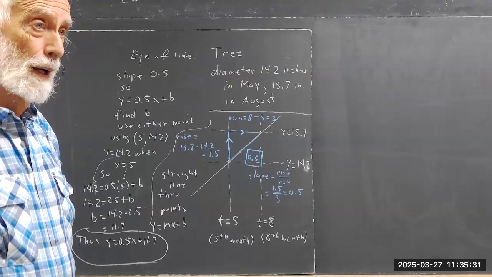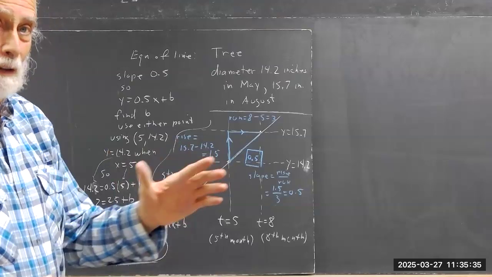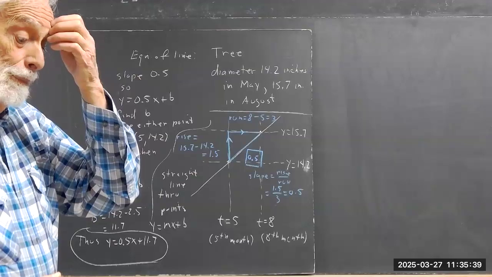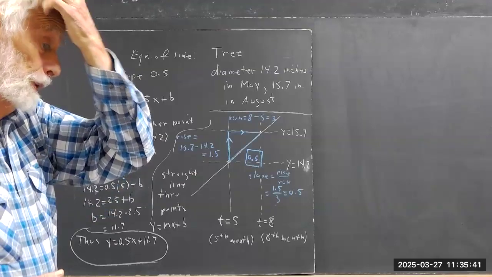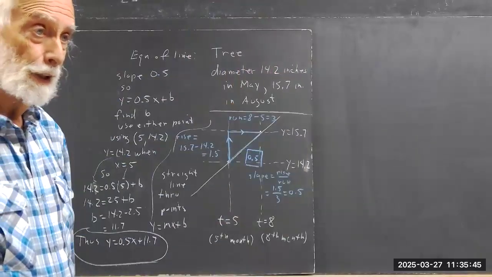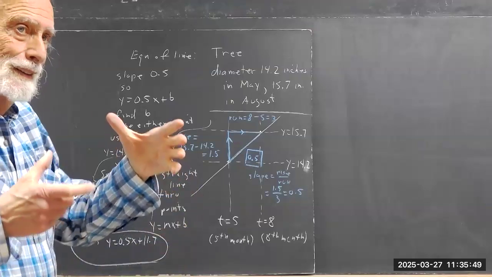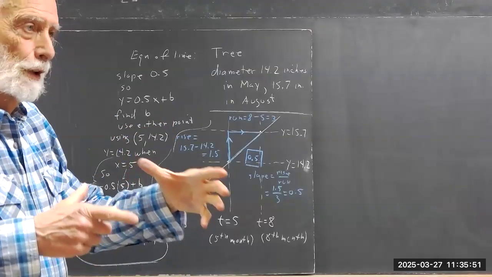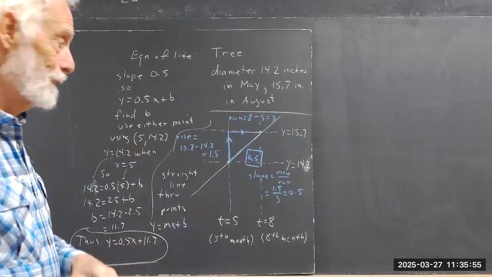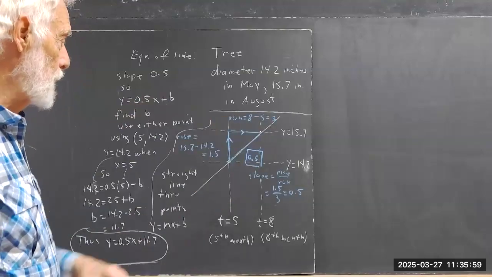I'm not even sure what the profile for a growing tree is, but it's not linear. I think early in the spring, it's busy making its leaves and pollen and seeds. And then for the rest of the summer, it starts putting on more wood. So I think it's not linear, but we're going to assume a linear model.